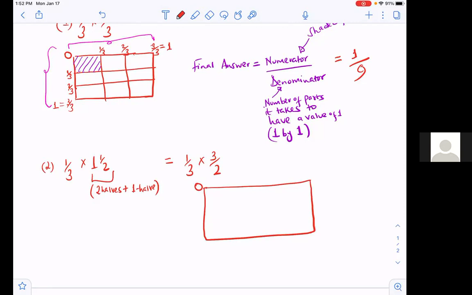So if I want to show 1.5 horizontally, I can have my first partition here, which will be equivalent to my 1. And that means from 0 to 1, I should partition that into 2 equal parts. And of course, from 1 to 2, this should also be partitioned into 2 equal parts.